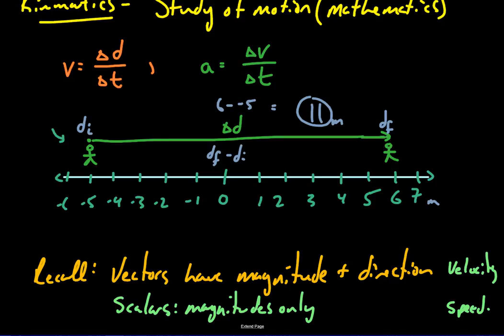So if we want to use this to find a velocity, and say this motion happened over a period of 10 seconds, the velocity is that delta d, that displacement divided by the time, so 11 meters over 10 seconds, we get 1.1 meters per second.